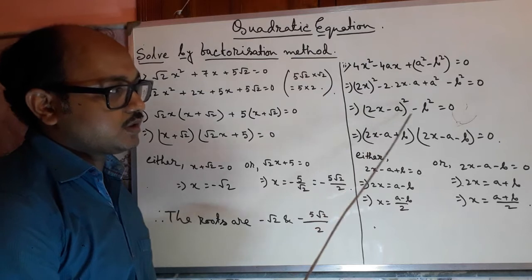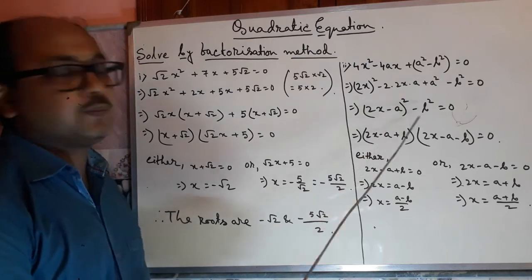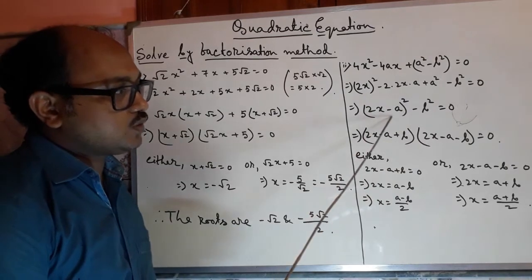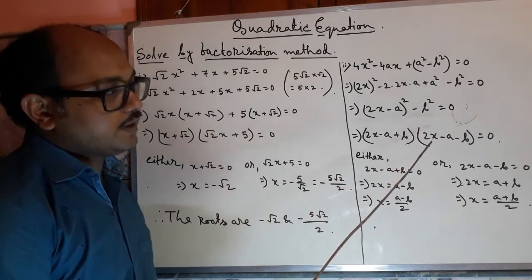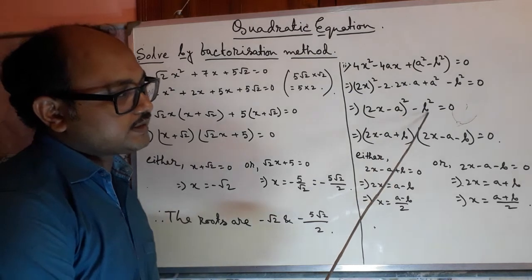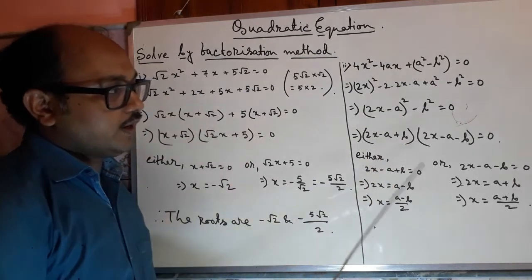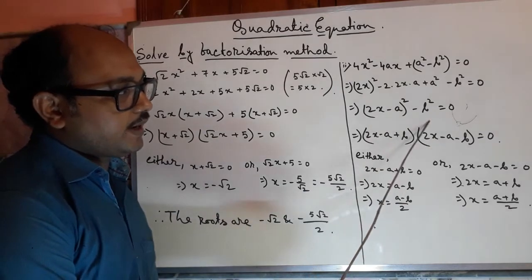Now you see the formula of a² − b². What is the formula of a² − b²? (a + b)(a − b), that is, this one plus this term into this one minus this term. That is (2x − a + b)(2x − a − b).